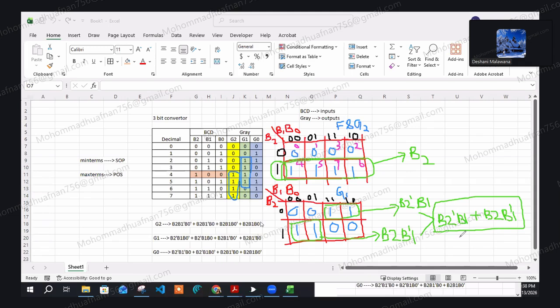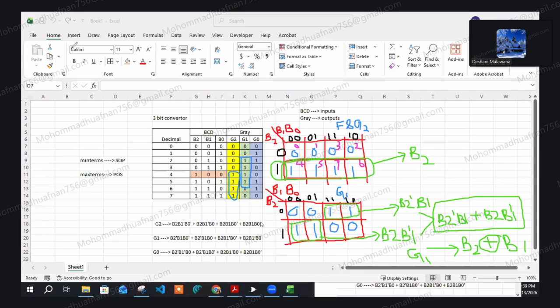So directly we can get that as B2 XOR B1. So this is going to be which one? The G1 output, the G1 equation. So this is the G2 equation, and this is the G1 equation.